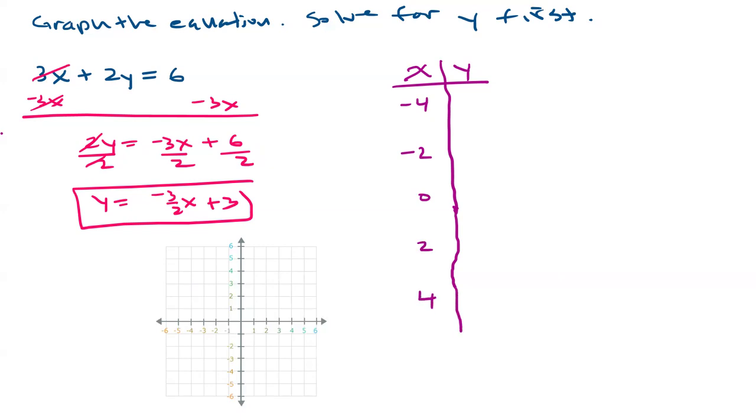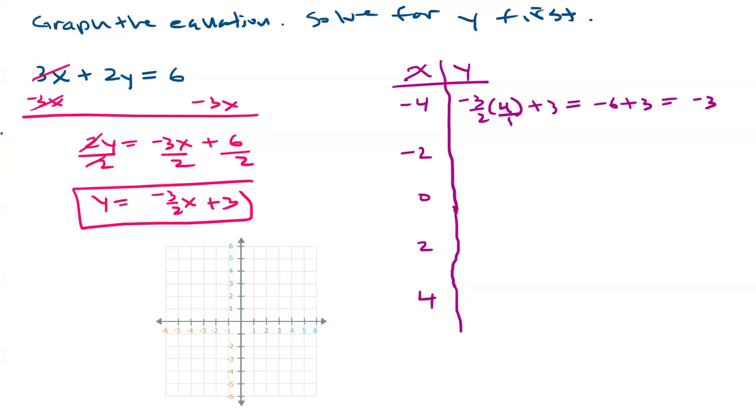So for -4, we get -3/2 times 4 plus 3. We can write 4 as 4 over 1. Then -3 times 4 is -12. -12 divided by 2 is -6. Then plus 3 will give us -3.